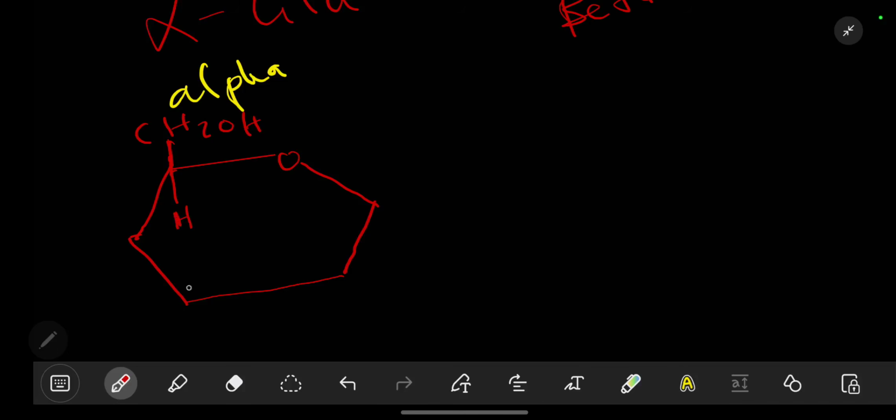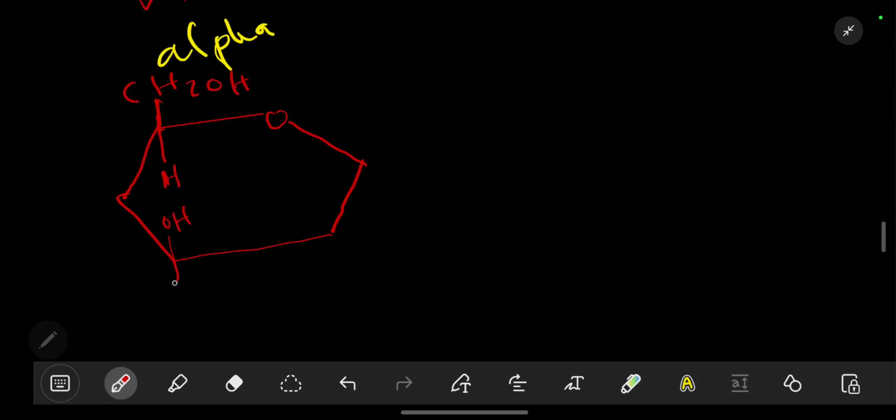Think of it as an attraction. If here there is H, here there should be our OH. So if you know that, then here we are going to have our hydrogen like that. Then here, since we have our OH there, we should have our H here. Then down here we should have our OH like that.